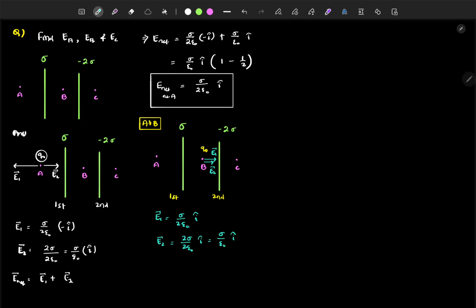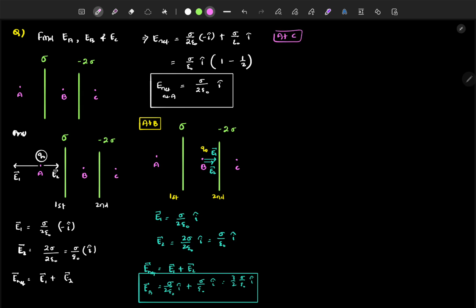So E net vector is E1 vector plus E2 vector, that is sigma by 2 epsilon naught i cap plus sigma by epsilon naught i cap. After solving, it will be 3/2 sigma by epsilon naught i cap. This is E at B, the net electric field intensity at B. This is the answer.